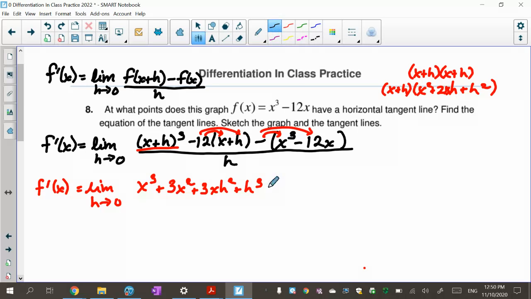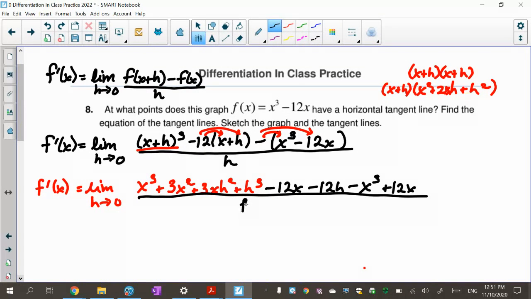And then we're going to subtract the 12x and the 12h because I did the distributive property, and then just subtract x cubed and add the 12x. So I distributed that as well, all over h. Now, if we did this right, remember I told you that things would cancel, and they do. 12x, negative 12x. Thanks for playing. X cubed, negative x cubed.